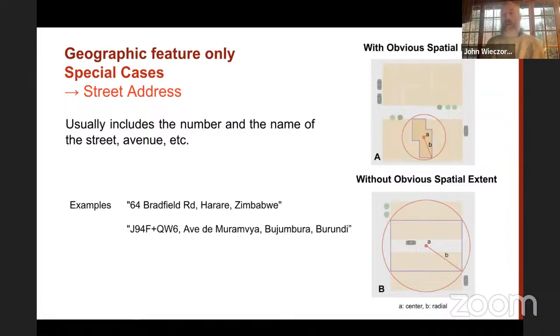And we can make a very specific georeference with a center and a radius about just that place on the city block. And the second case is the one I was talking about, where we don't know where it is on the block, but we know what block it's on. And so we can make a georeference that covers just the block and all the possibilities of where that address might be.